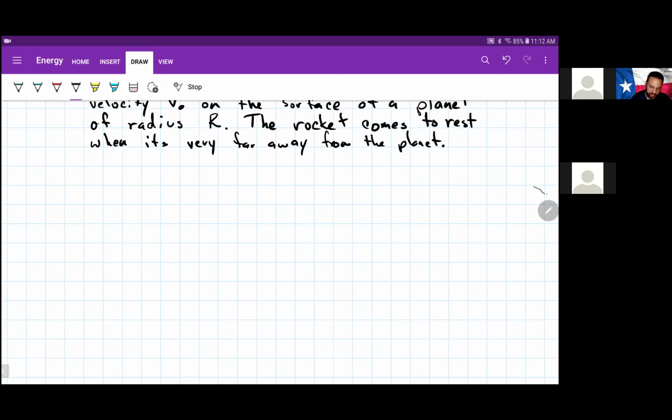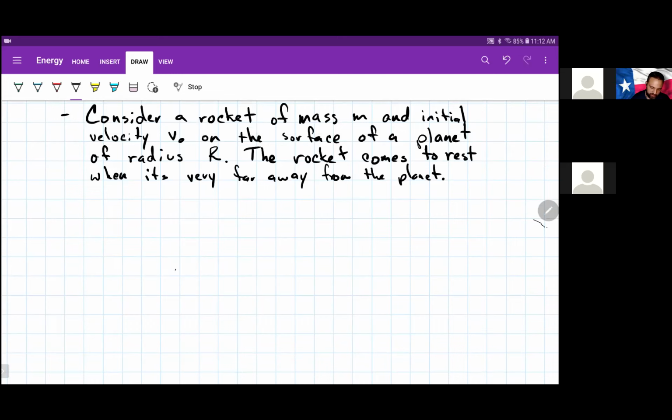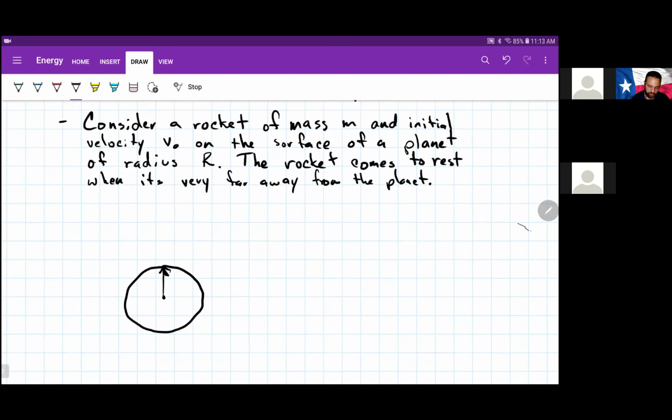So let's draw this out. So we have a planet, we have some planet. We don't know what planet it is, and you'll see it's going to depend on what planet you're on, but you'll see why we can use any planet here because we're not going to use gravity. We're not going to use 9.81.